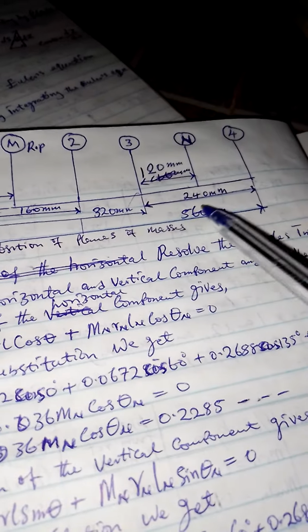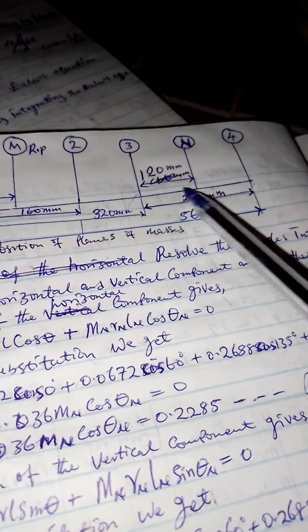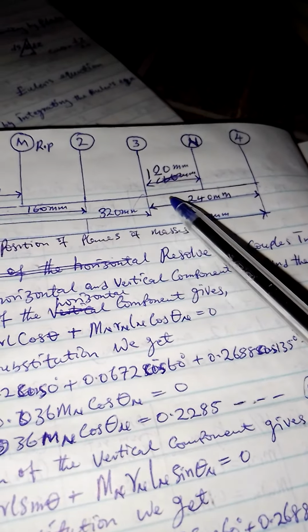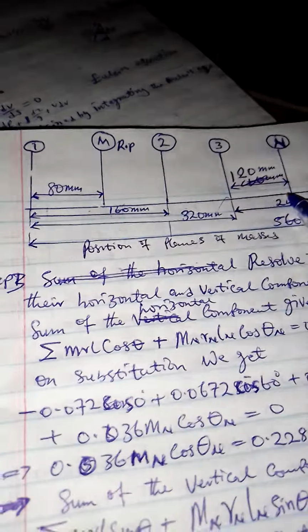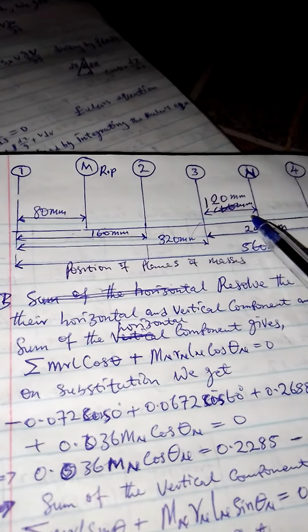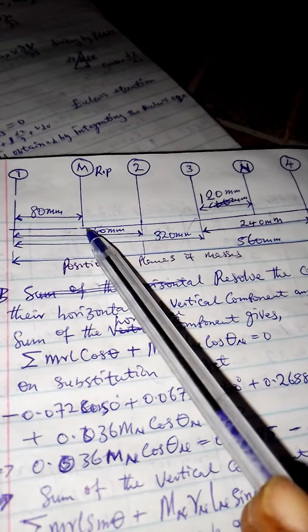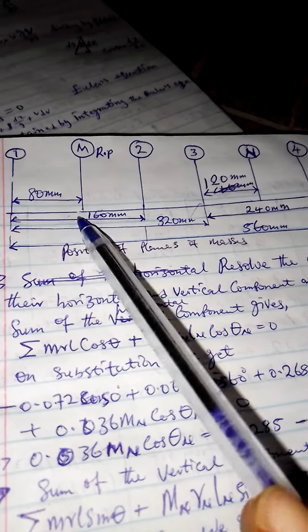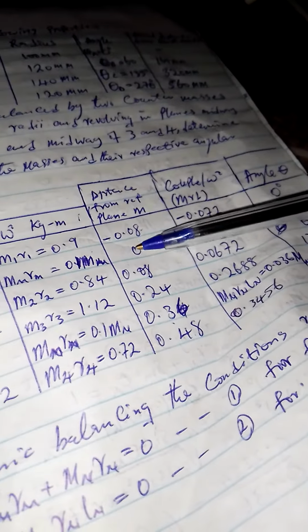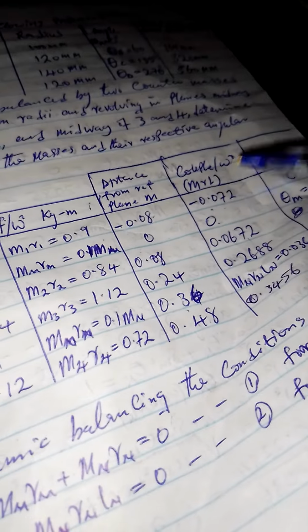The middle of these 240 millimeters is 120. So when you add 120 to 320, you have 440 millimeters. So from mass 1 to mass N is 440 millimeters, and from mass N to our reference point will be 440 millimeters minus 80. So that's how we got these values here for the axial distance.